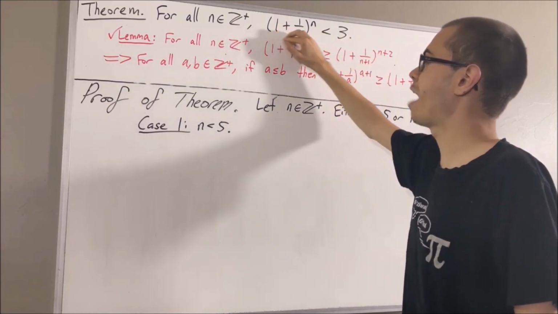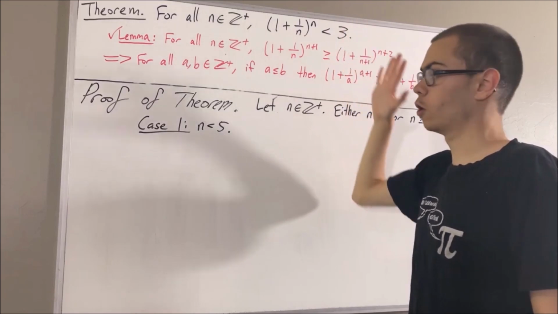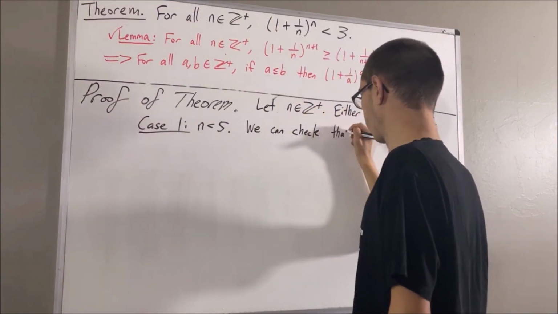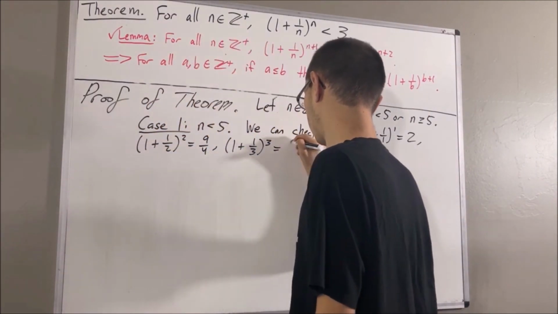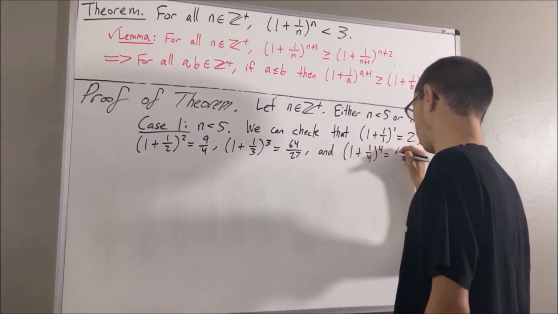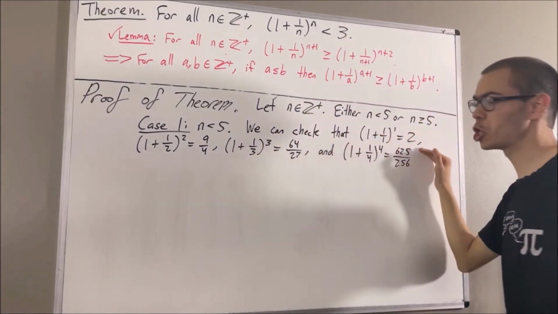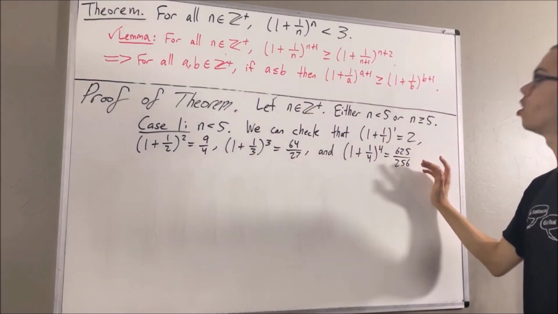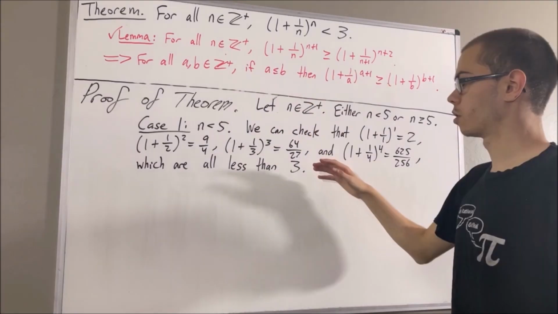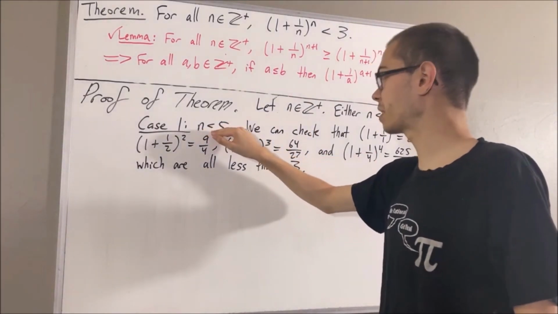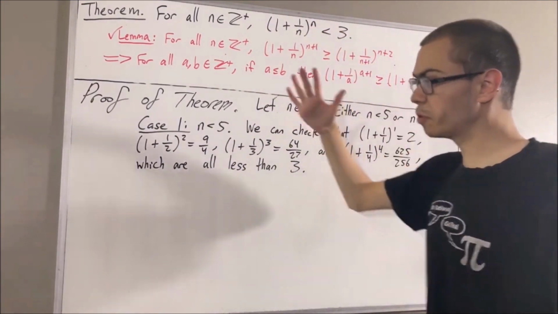Because if we explicitly calculate this guy for n equals 1, n equals 2, n equals 3, and n equals 4, we have 2, 9/4, 64/27, and 625/256, which are all less than 3. So in the case where n is less than 5, we must have that 1 plus 1 over n to the power of n is less than 3. So this completes case 1.